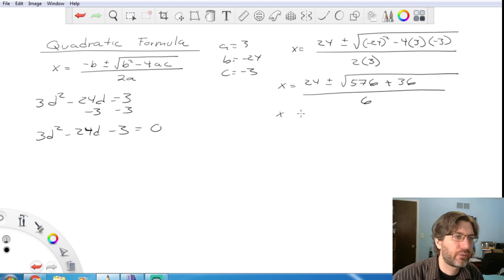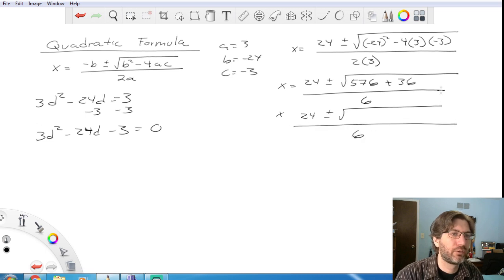Continue reducing underneath that radical as best you can. So 576 plus 36 gives us 612 over 6. You can separate your denominators if you want.